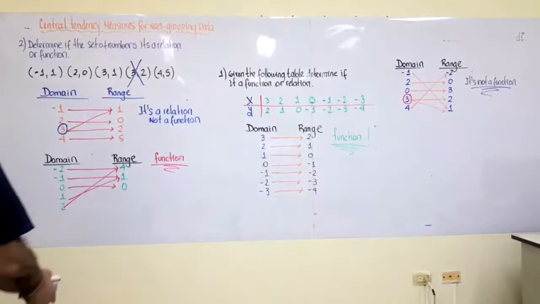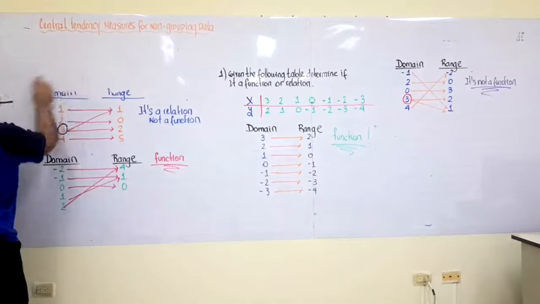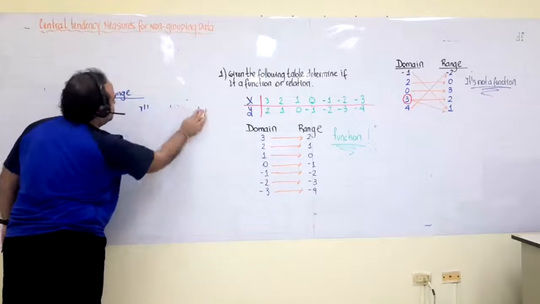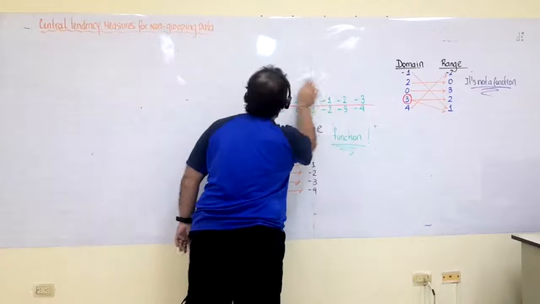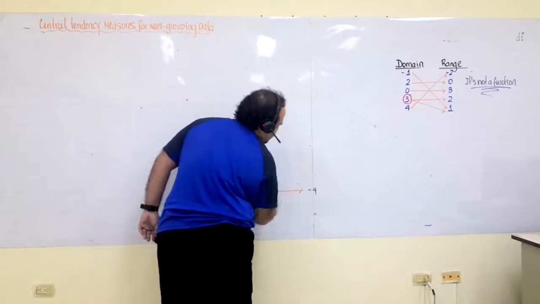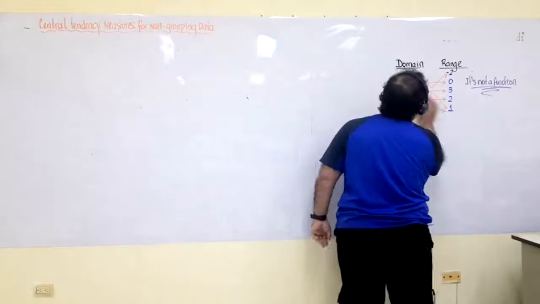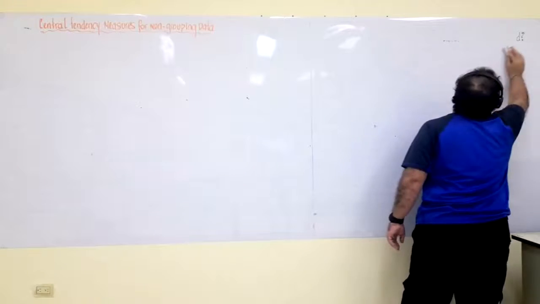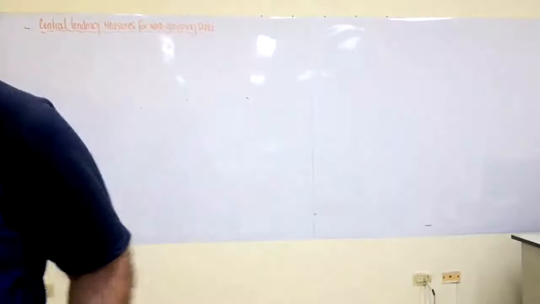Okay, I'm going to erase this whiteboard. And if you understand this part of the problem, we're going to study the same situation, but what happens if we have grouping data? This is not complicated, but it takes a little bit of work.